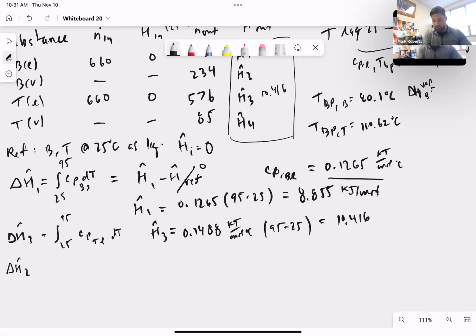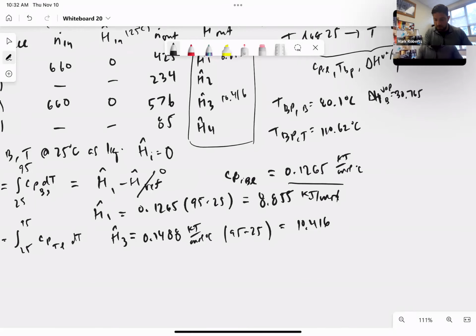And also, I'm going to need the heat of vaporization of benzene. Delta H vap of benzene is 30.765, and this is going to be kilojoules per mole. And then delta H vaporization of toluene equals, what is that?